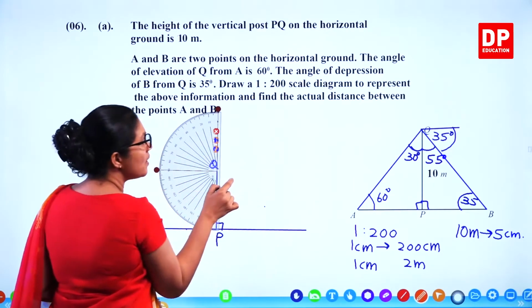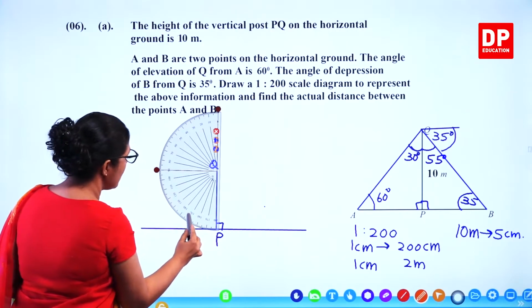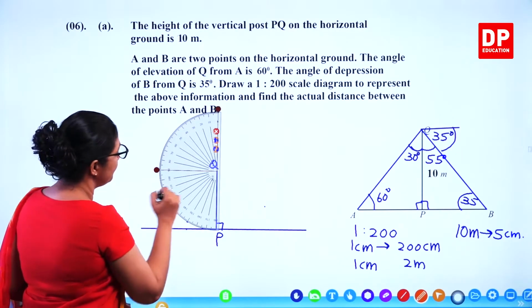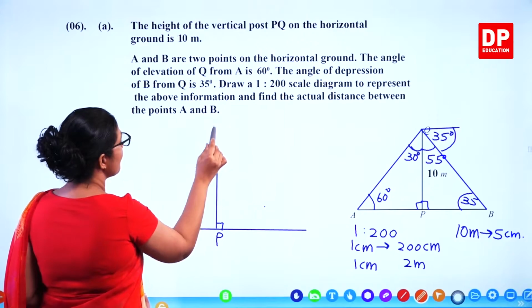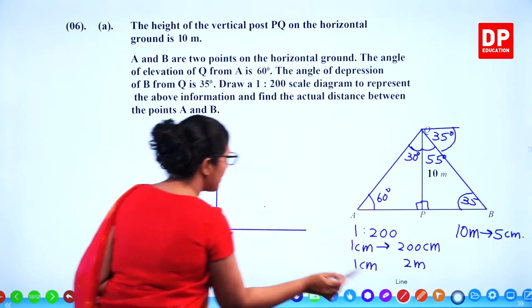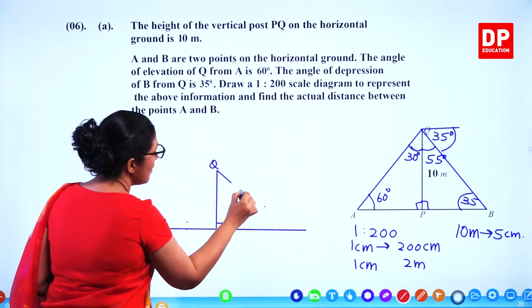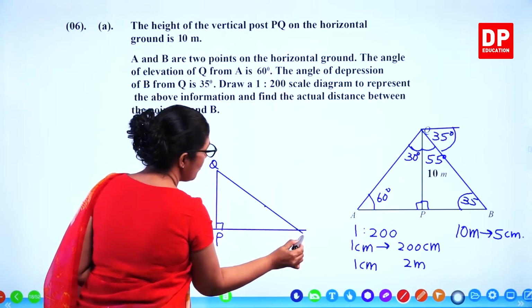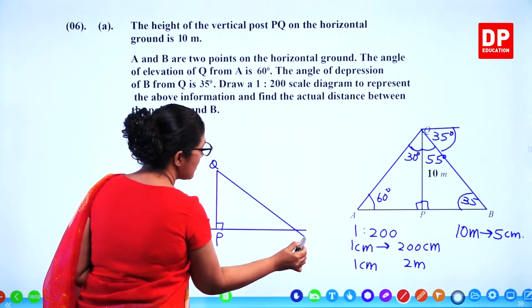This way, 30 degrees. 10, 20, 30. So that's here. Now we can draw the line from Q to here.